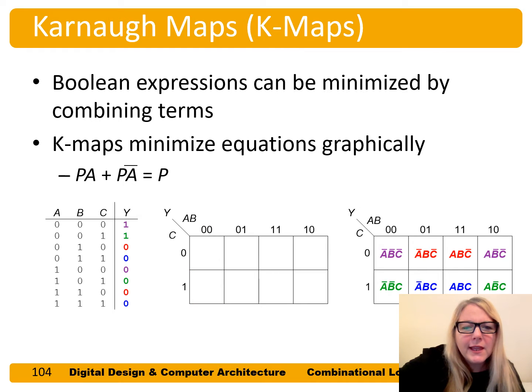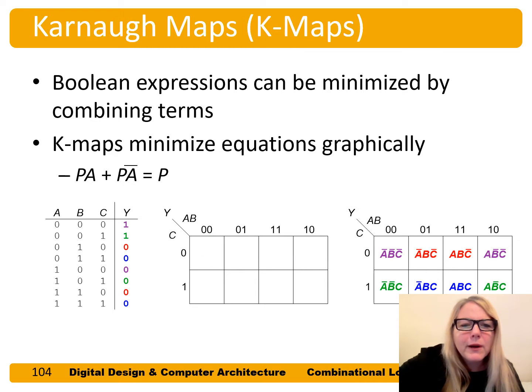You can see that we have A and B input variables on the top row here, and C on the vertical. So we have each possible combination: 0, 0, 0, 0, 0, 1, 0, 1, 0, 0, 1, 1. And then, strangely, we jump over and do 1, 0, 0, 1, 0, 1, 1, 1, 0, and 1, 1, 1.